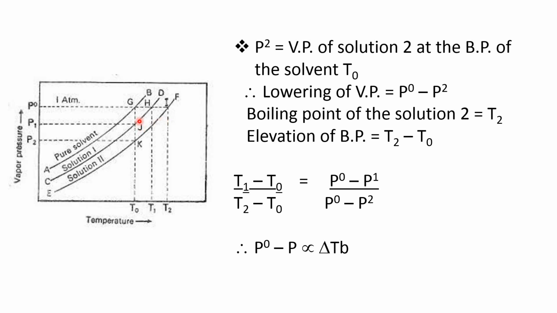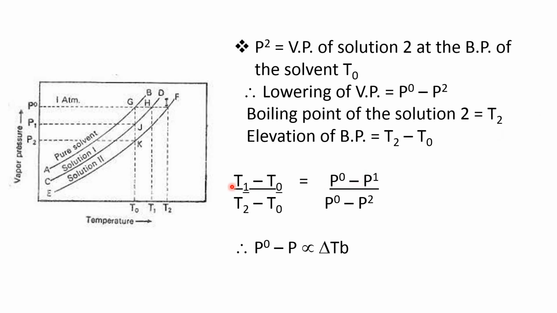Similar triangles mean the ratio of the arms will be equal. For this triangle, the arm GJ will be P0 minus P1.